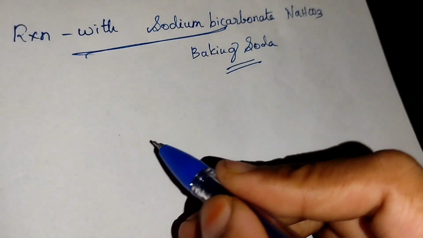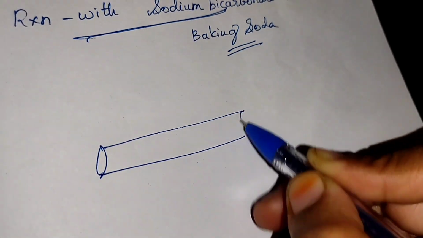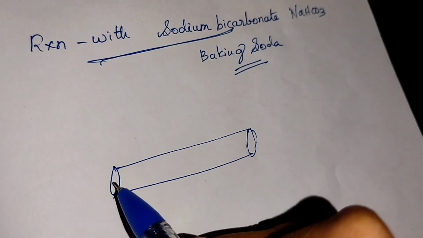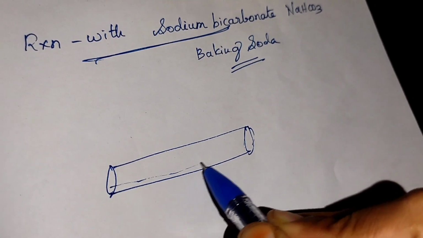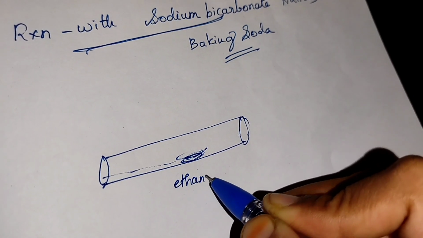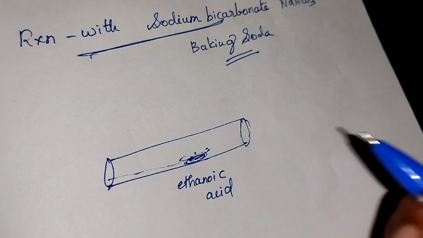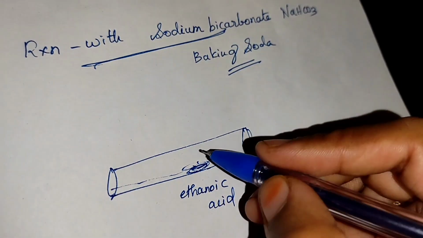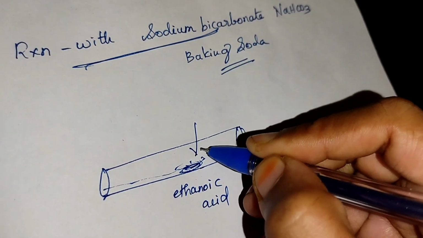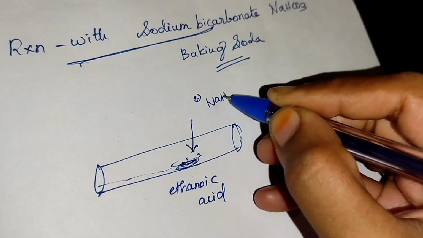So I am taking a test tube with a delivery tube, and here I am putting 1 or 2 ml of ethanoic acid, and also a small pinch of sodium bicarbonate.